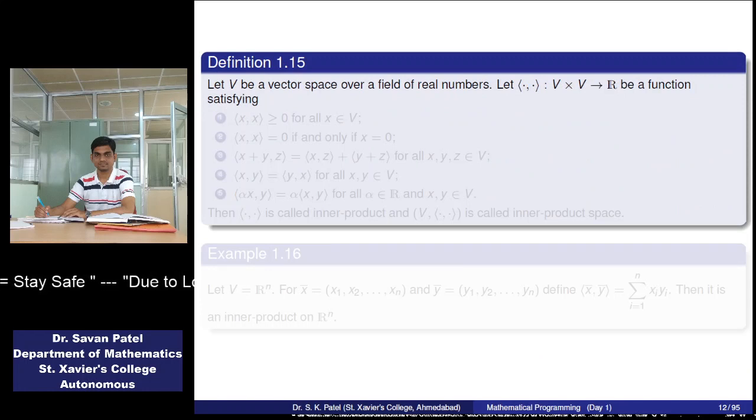Now moving towards the inner product. You might have seen it or not, but for the theory portion of mathematical programming, this inner product is very much important.